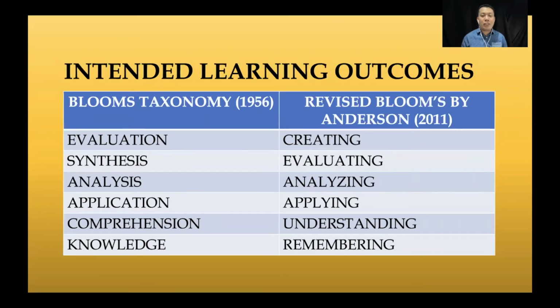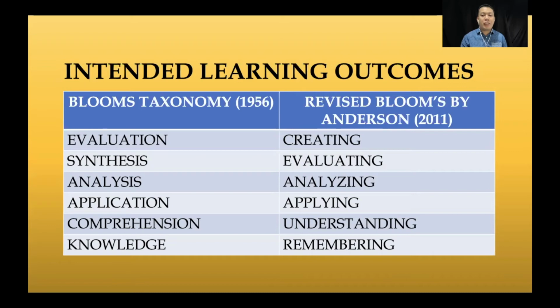So you'll see here that these are the basis of creating the objectives. We have Bloom's taxonomy done by Bloom in 1956, and then it was revised by Anderson and Krathwohl in 2011. For Bloom's taxonomy, from the bottom it is knowledge, comprehension, application, analysis, synthesis, and evaluation.